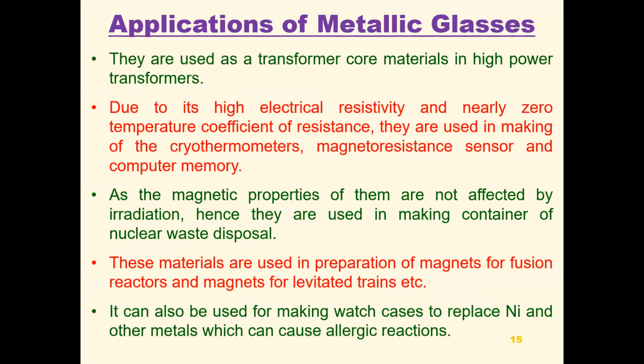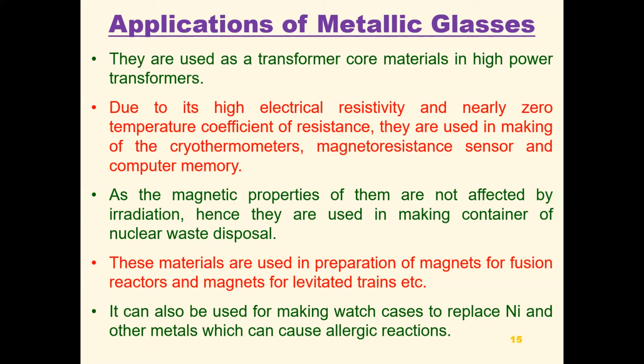In this slide, some applications of the metallic glasses are discussed. Generally, these materials are used as transformer core materials in high power transformers. Due to their high electrical resistivity and nearly zero temperature coefficient of resistance, they are used in making cryothermometers, magnetoresistance sensors, and computer memory.